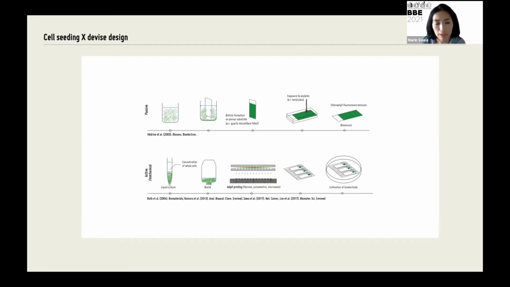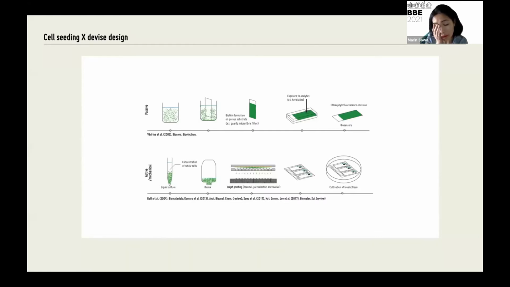The passive mode utilizes natural cell attachment by submerging them in liquid culture where cells are suspended, and the cell attachment to the substrate is then incorporated into a device design such as a biosensor. In the active mode, on the bottom, it uses mechanical forces to deposit cells directly onto electrode surfaces. This provides a greater degree of control over where cells grow and where cells shouldn't grow.